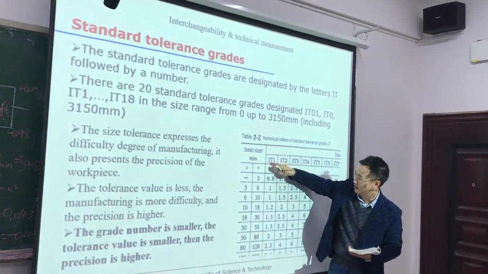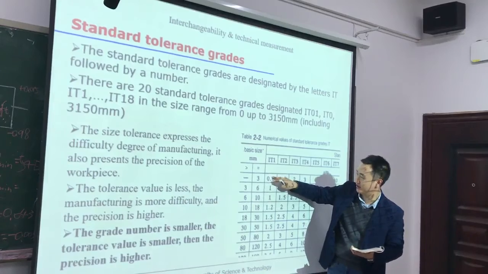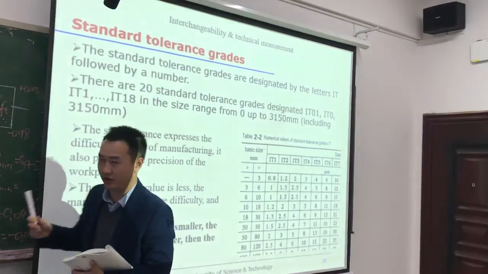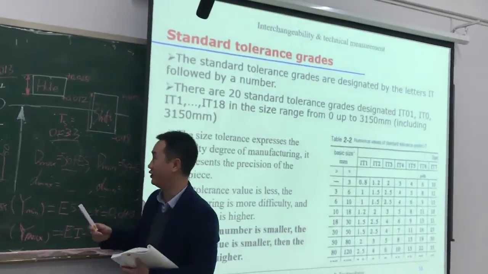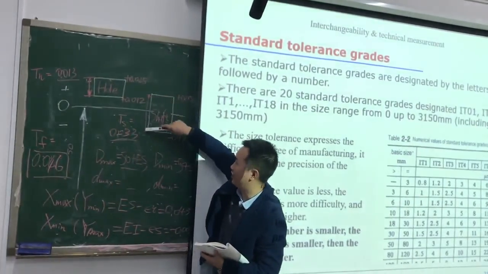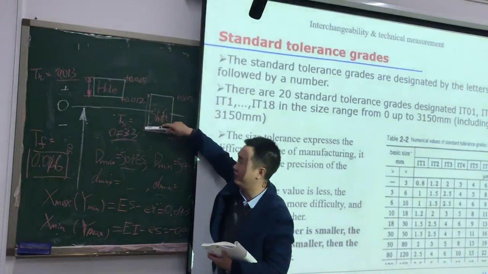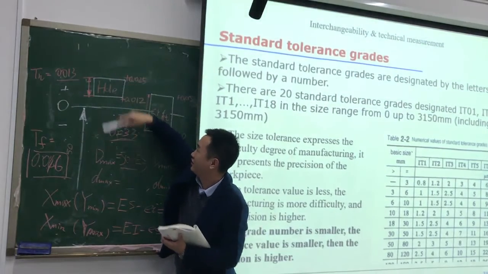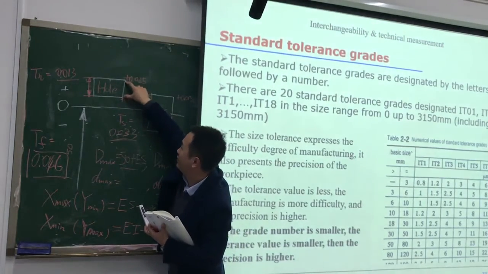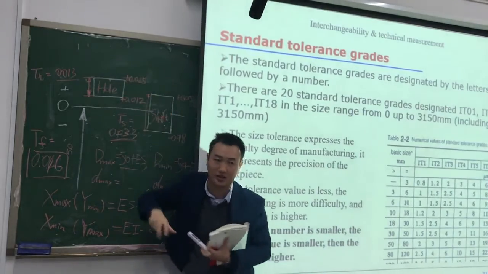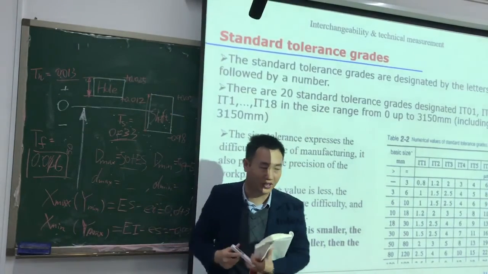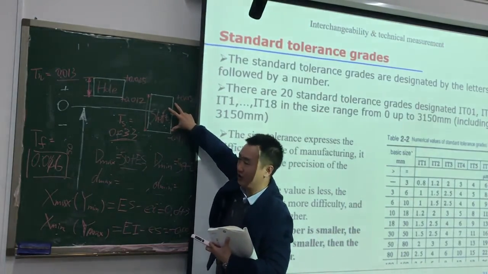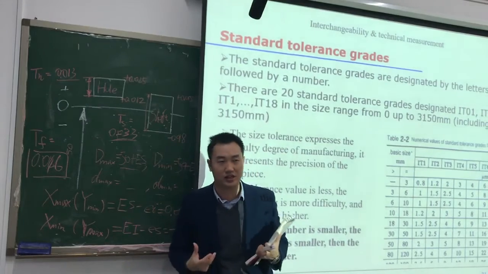So when we talk about a certain tolerance grade, for example IT1, it means that different basic sizes have different tolerances. What is tolerance? This is the tolerance for the shaft, and this is the tolerance for the hole. So this value and this value are the tolerance, right? And the value of the tolerance is not randomly picked.